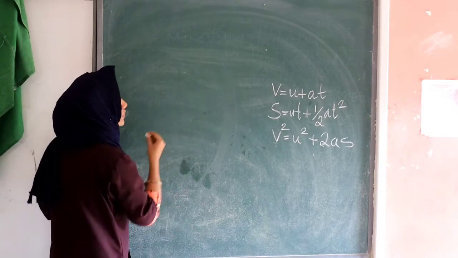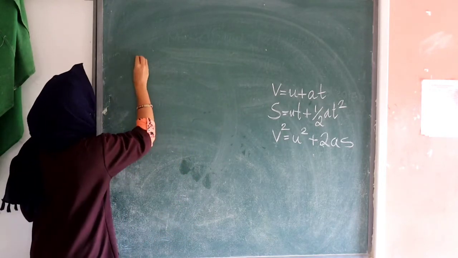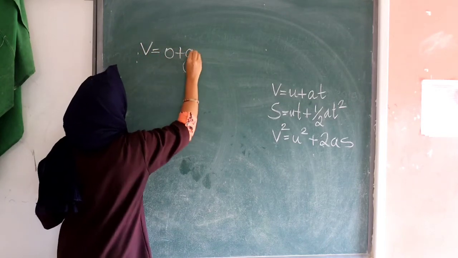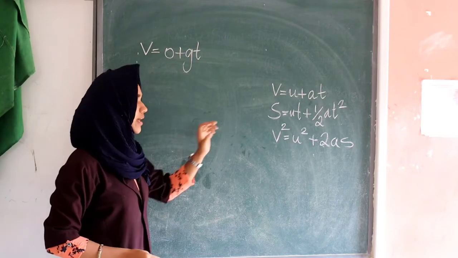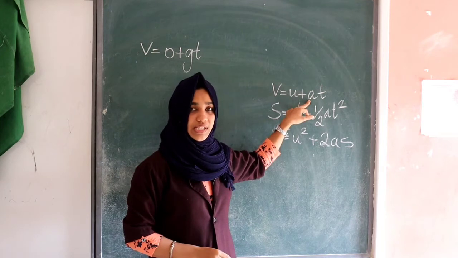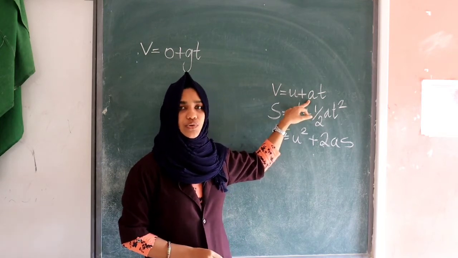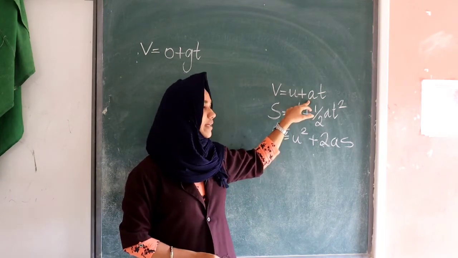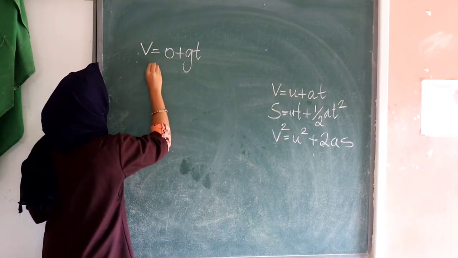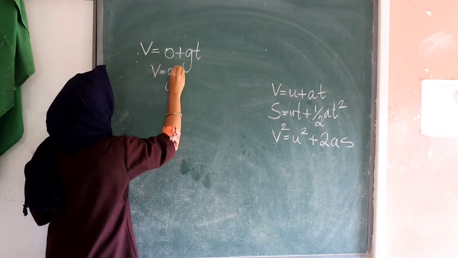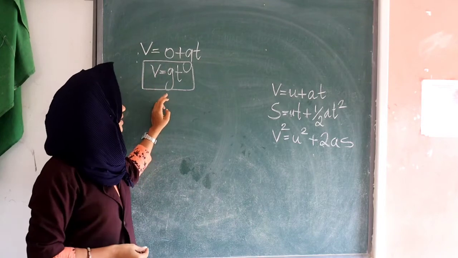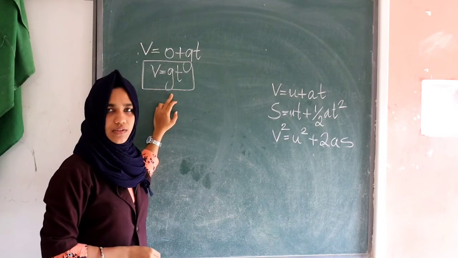So we can write the first equation as V equal to 0 plus GT, which becomes V equal to GT. The first equation becomes like this.